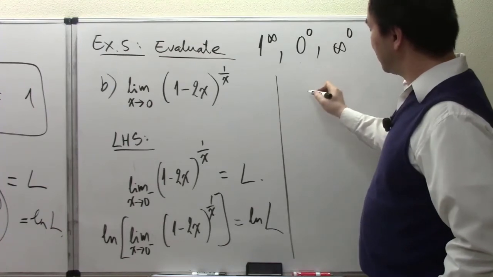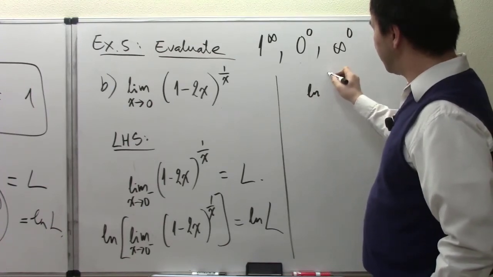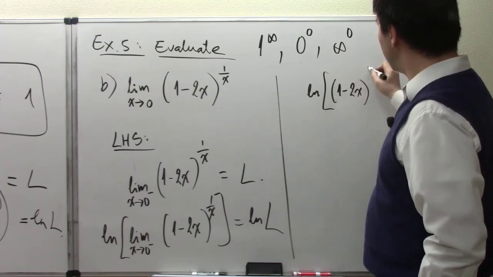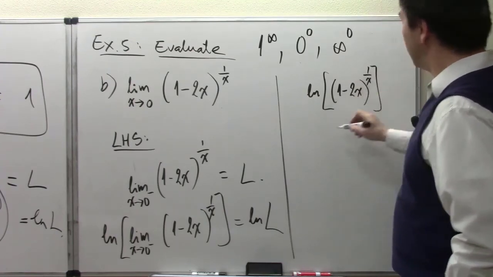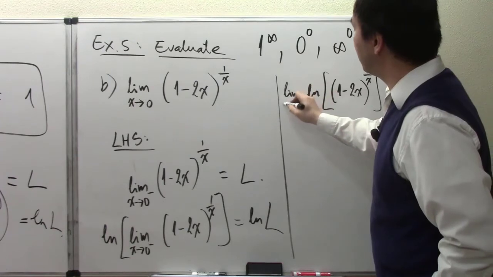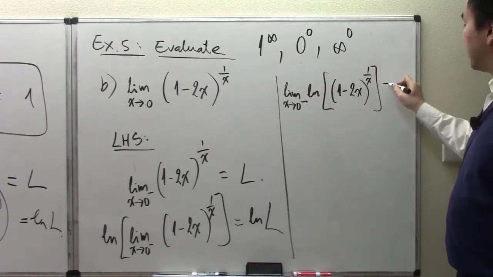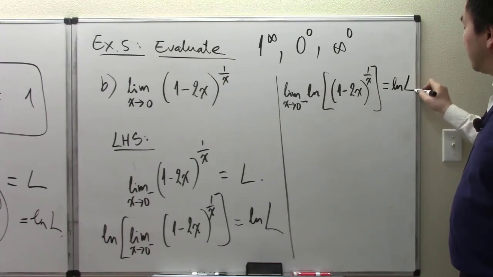We're looking at the natural log of 1 minus 2x to the 1 over x, taking that as a limit problem, letting x go to 0 from the left-hand side, and all of that supposedly equals the natural log of L.